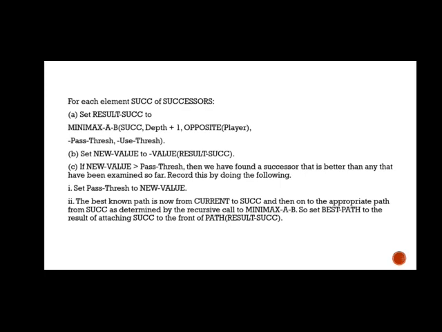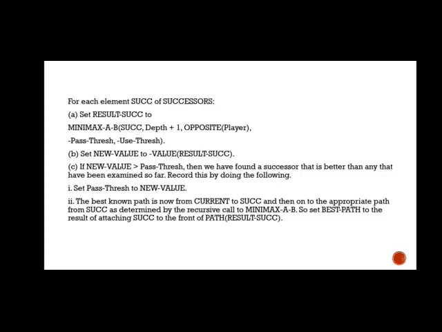The best known path is now from current to SUCC, and then on the appropriate path from SUCC as determined by the recursive call of MINIMAX-AB. So set best path to the result of attaching SUCC to the front of the path of result of SUCC. This is a procedure to find a better successor than the one we already found.